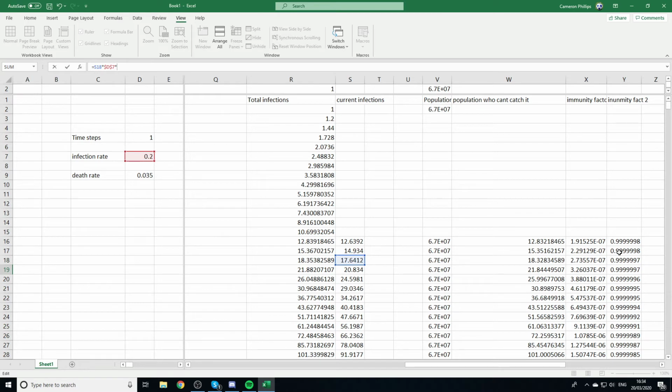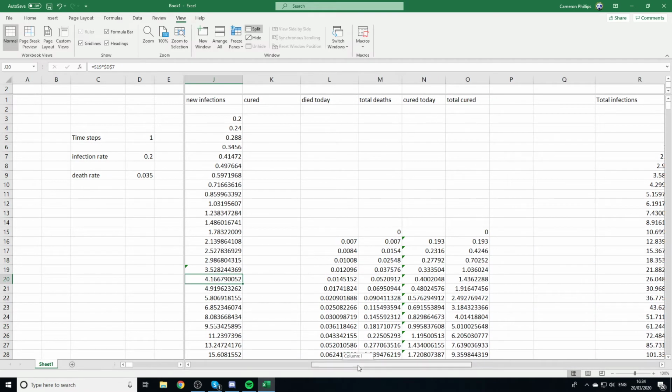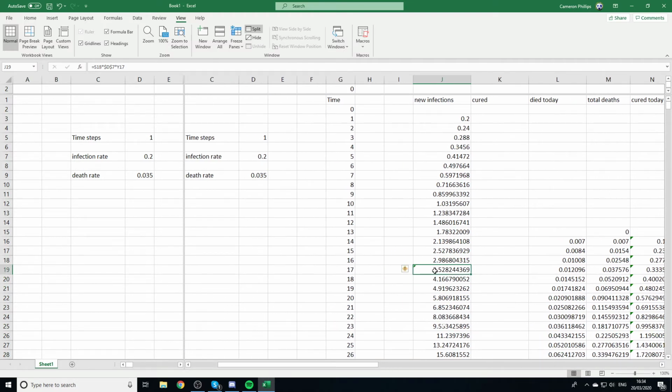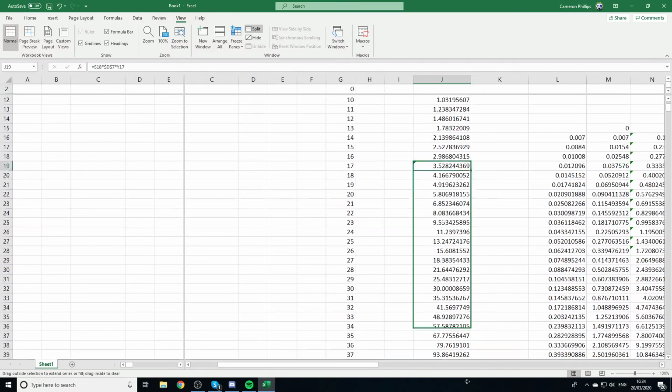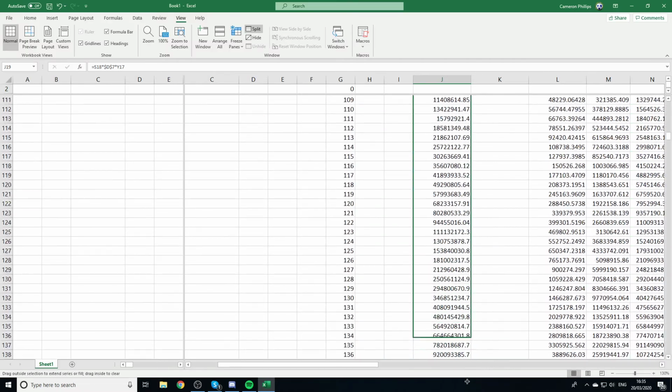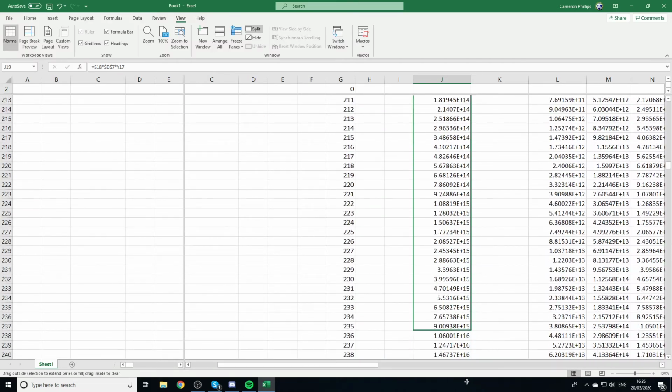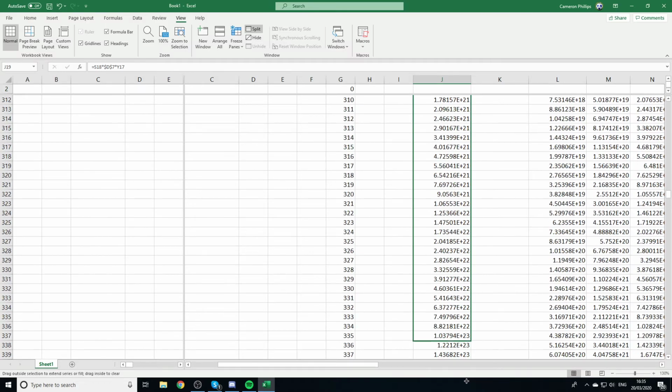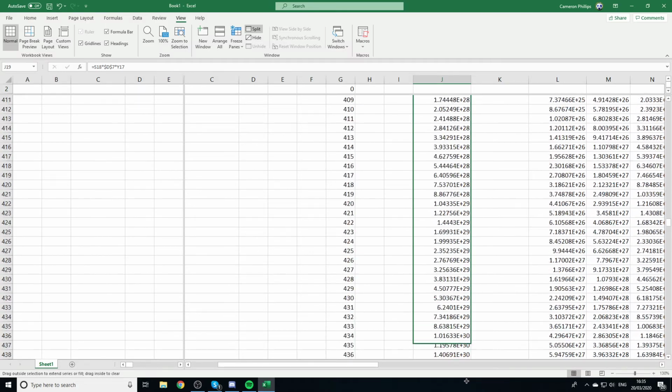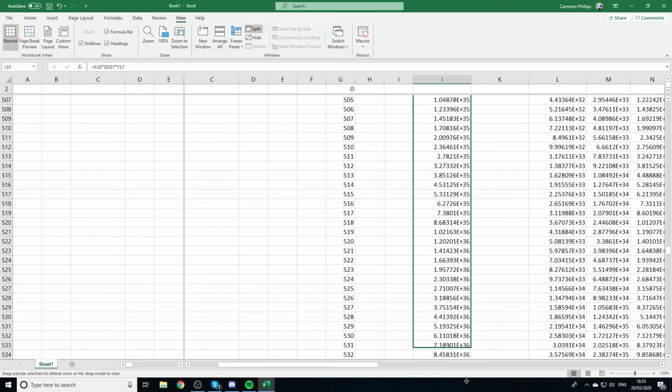So my new formula went in there, and that means as more and more people get it, a smaller percentage will be able to get it. And let's see how this happens. When I finish copy and pasting this down, it should start affecting things.